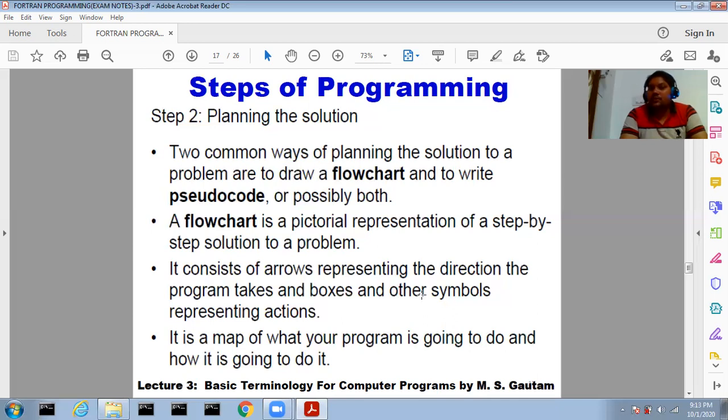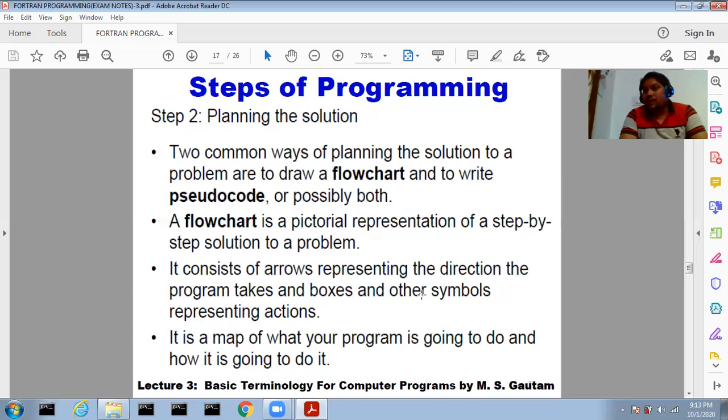It consists of arrows representing the direction of the program and various decisions, and the sequence of arrows defines the sequence of execution or direction of execution of the program. In other words, a flowchart is a map of our program, how the program is going from the first step to the last step.